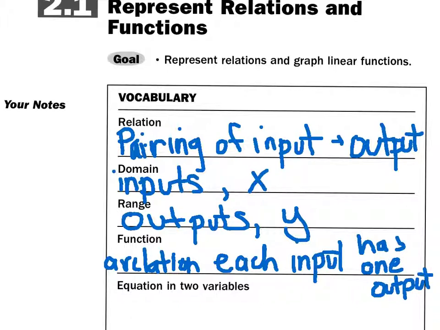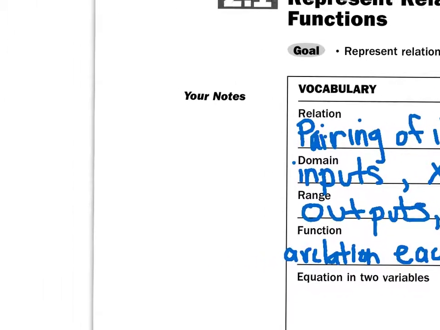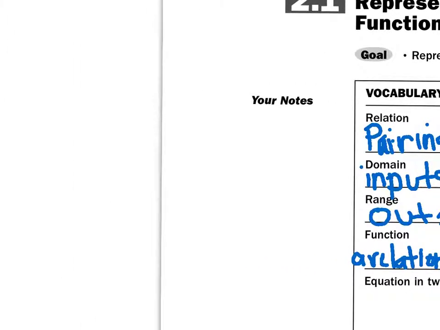Let's go over here and talk about that a little bit. Probably when you were younger, you had some sort of math program book that had a magic box in here. And they would say if you put a 2 in the magic box, it comes out as a 4.